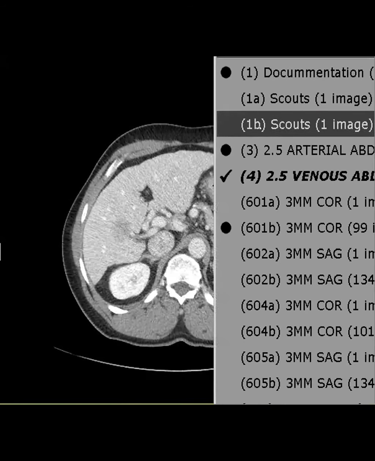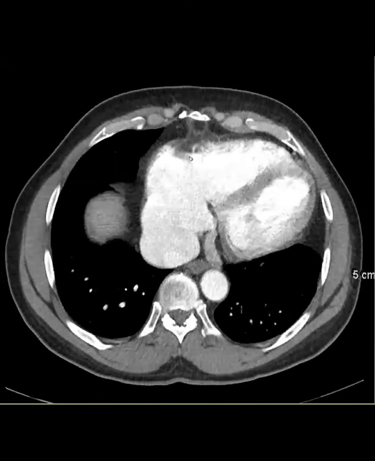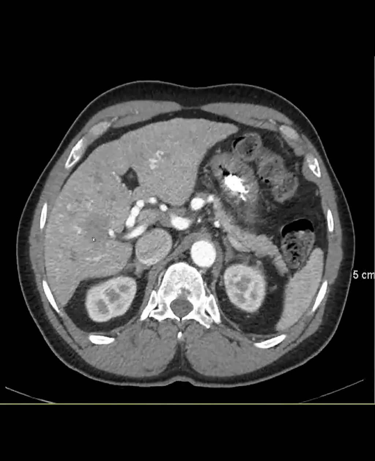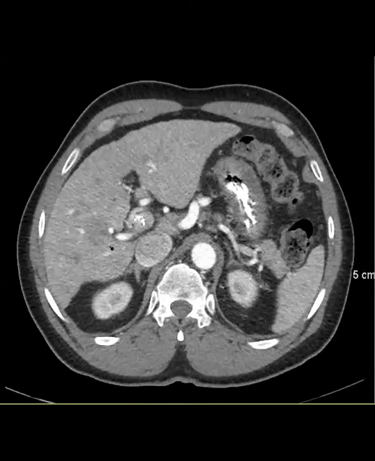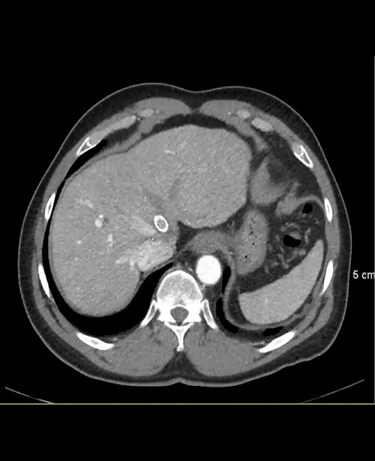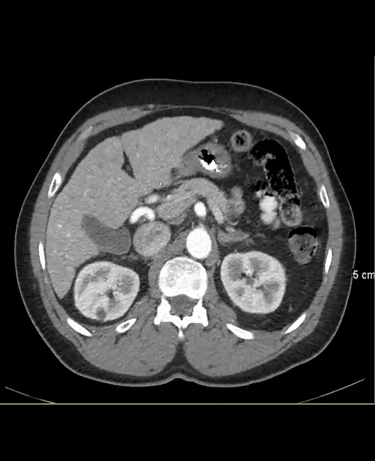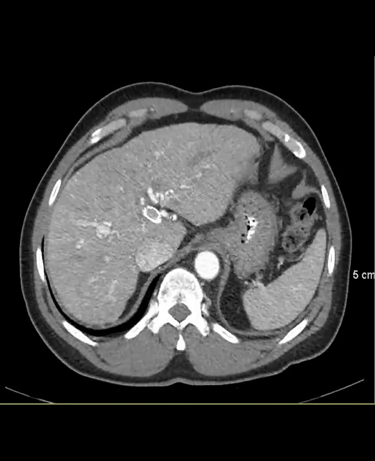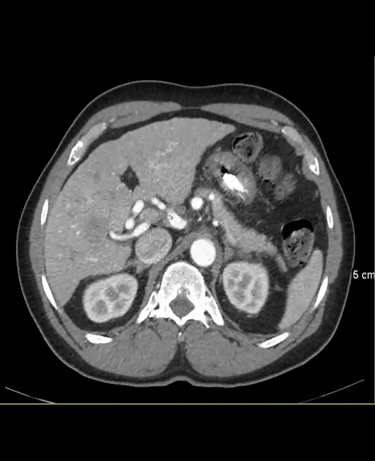When we look at the arterial phase, you can see that this area is, again, very poorly defined, nothing very aggressive. You can see that there's a TIPS in place. And this was read as probably an area of focal fat.